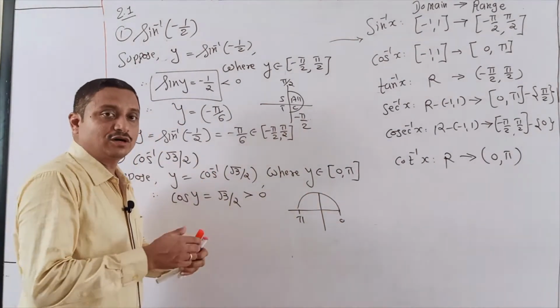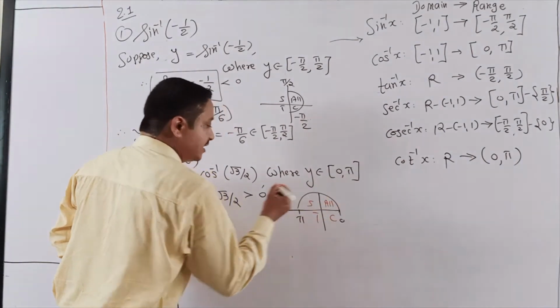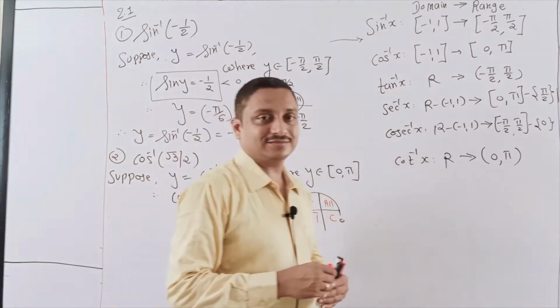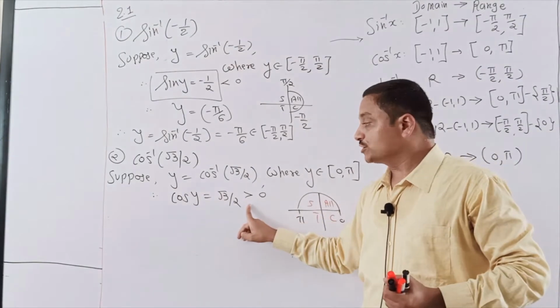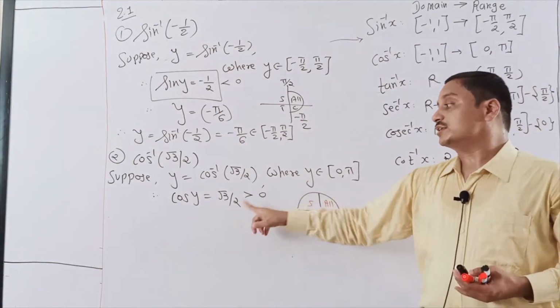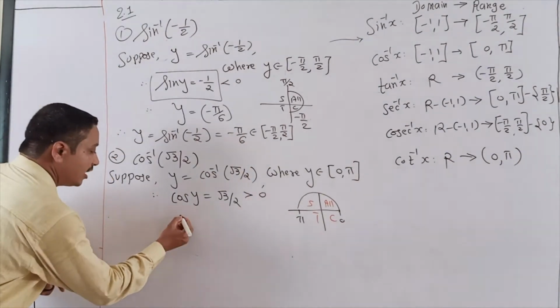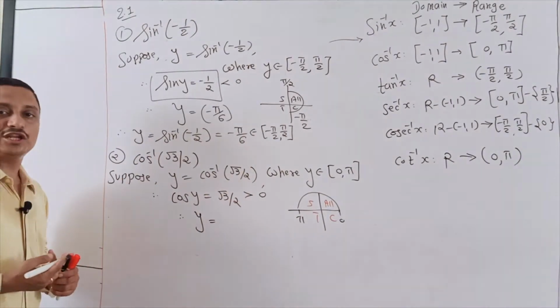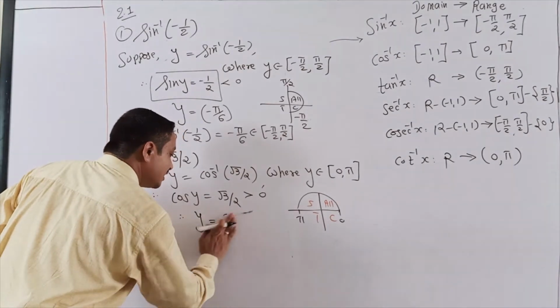Now students, wait and check here your 0 to pi range. Which quadrants belong? Going all STC wise, the quadrants are first and second. But in which quadrant is the cos value positive? First quadrant. So your answer is in the first quadrant. Now tell me easily, at which degree is cos root 3 by 2? Yes, it is 60. Sorry, it is 30.